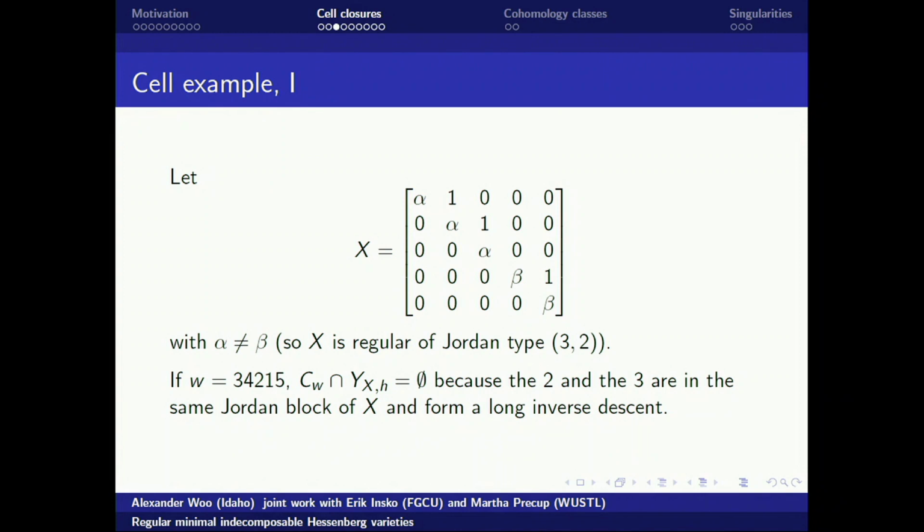Okay? 3 and 2 are in the same Jordan block, but the 3 is more than one spot to the left of the 2. That's the combinatorics. If you have i and i plus 1 in the same Jordan block, and if i plus 1 is more than one spot to the left of i, then you're no good. It can be to the right. It can be one spot to the left. It just can't be further to the left than that.